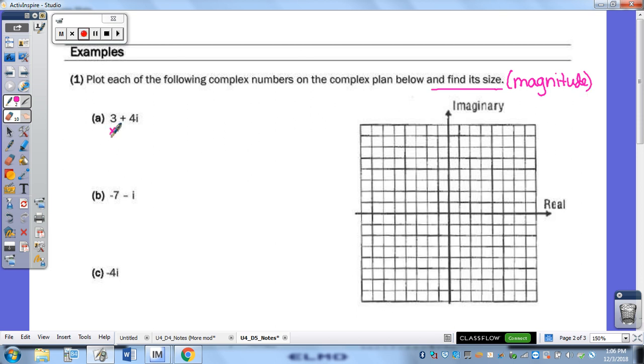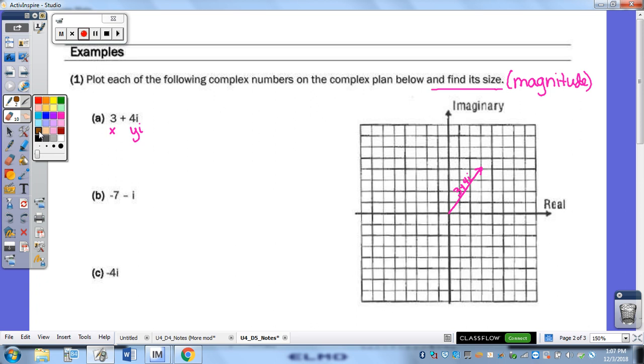That's actually the example I just gave on the front. So let's try it again. 3 is our x, so we're going to go over to 3, 1, 2, 3, and then we go up 4, 1, 2, 3. So we draw our line with our arrow from 0, that's 3 plus 4i. So now to figure out its size.